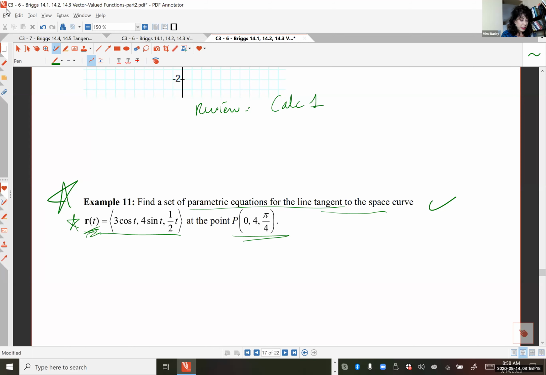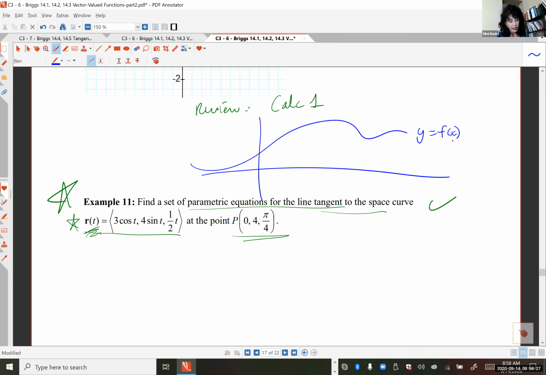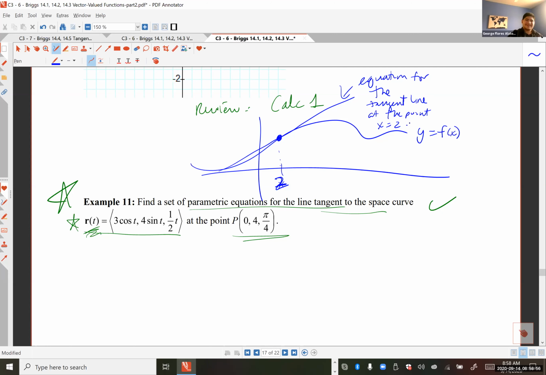In Calc 1, one of the things you probably did multiple times is you were given some graph of some function, say y equals f of x, and then they maybe picked out some point down here, and they said, hey guys, could you give us the equation for the tangent line at the point when x is equal to, let's say, 2? Did you remember having to come up with equations of tangent lines in Calc 1? Please say yes. Oh, yeah. Yes, definitely. Thank you.